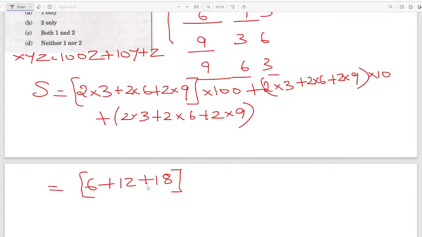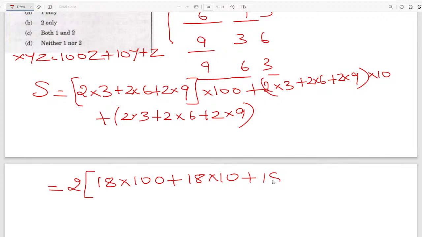Or I can take 2 common out of the whole thing, so this would be 3 plus 6 plus 9, which is 18. 18 into 100 plus 18 into 10 plus 18 into 1.